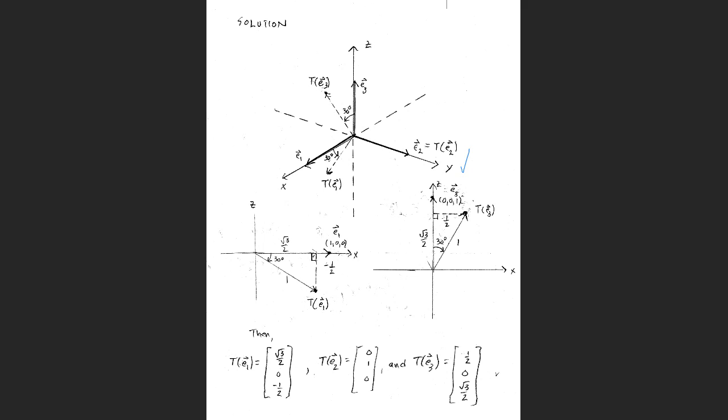Again, I think of Theorem 10 from section 1.9 to help me find my transformation matrix. What I've drawn is E1, E2, and E3 on the diagram. Of course E1 has coordinates 1, 0, 0.